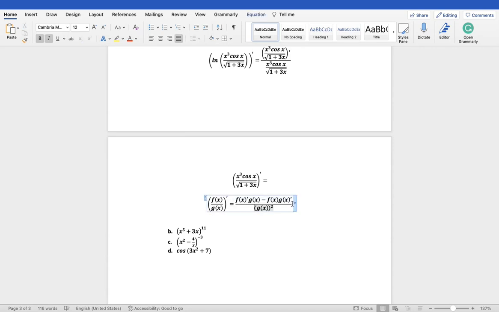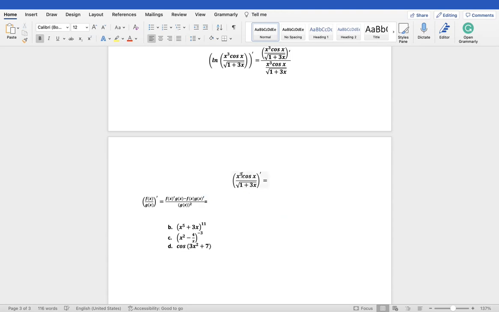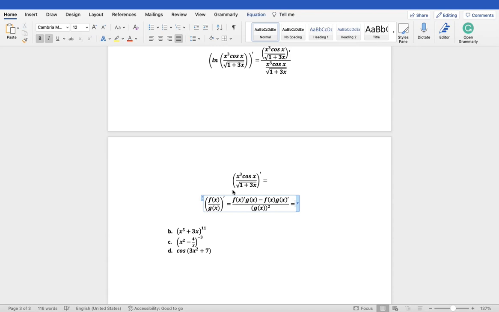So thus, if you substitute each of the values into our function that we have there, you have, right? So let me just copy this. You now have f of x prime is just the derivative of the numerator, right? So you have x cubed cos x prime multiplied by g of x, which is what is our g of x?